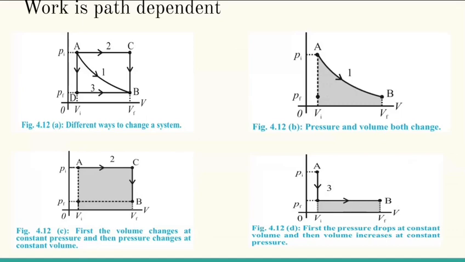So you can see that most of the work done is in graph C, less than that in graph B, and very little in graph D. You can see the shaded area is maximum in graph C, then in B, and then in D. So yes, work is a path dependent process. Here the initial and final states in all the graphs are the same, only the processes followed are different.